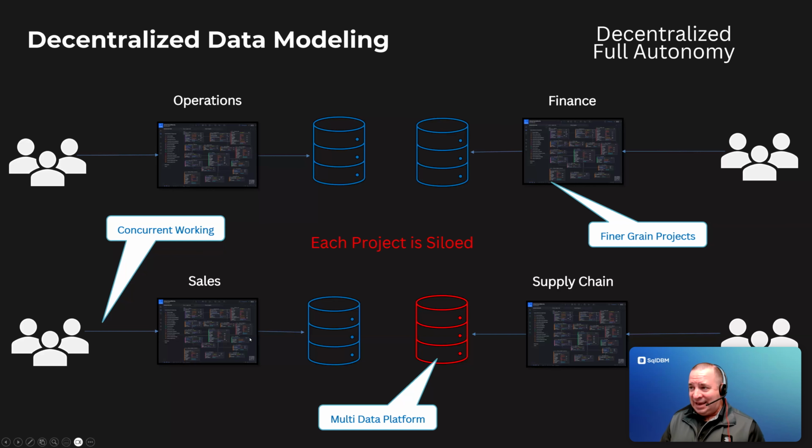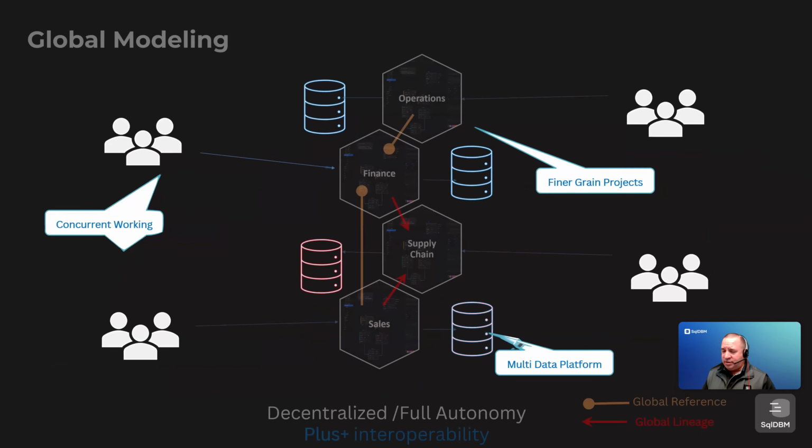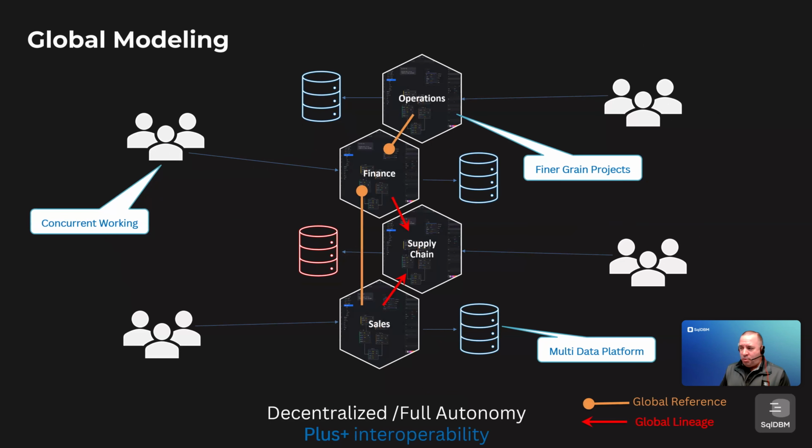Global modeling is to take this decentralized model and now start putting it together. What we're calling global modeling is that you have that same autonomy, but now the interoperability, a way to put, I like to say, Humpty Dumpty back together again. So that's where I've given you a visual perspective of how we see data modeling.